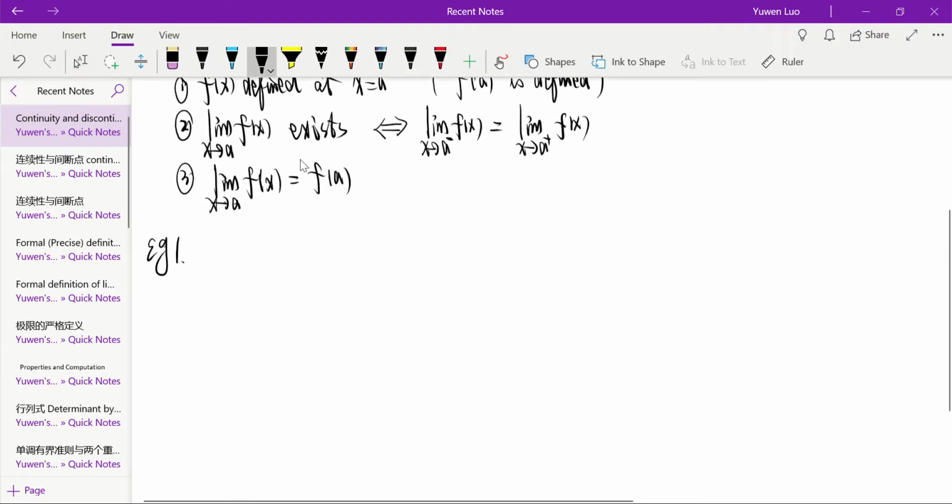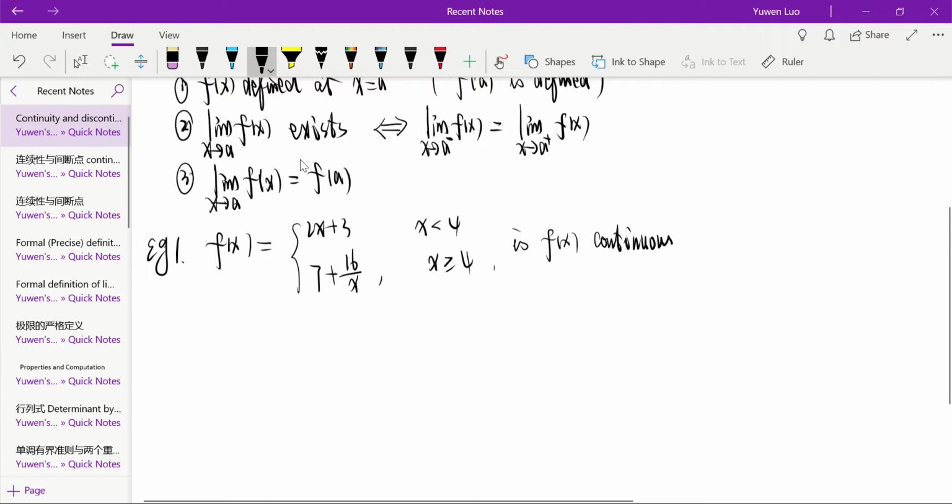The first example: f(x) equals 2x plus 3 if x is less than 4, and 7 plus 16 over x when x is greater than or equal to 4. Is f(x) continuous at x equals 4?